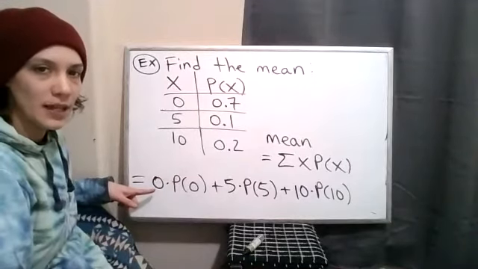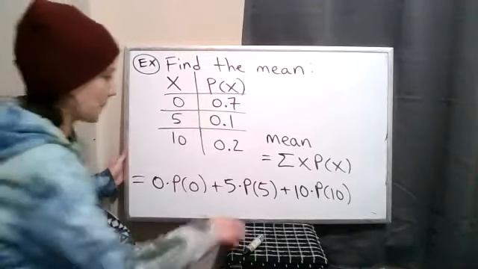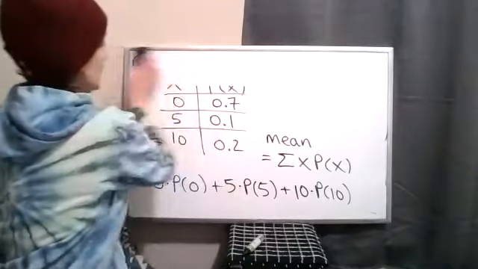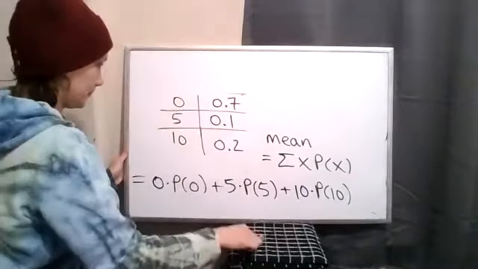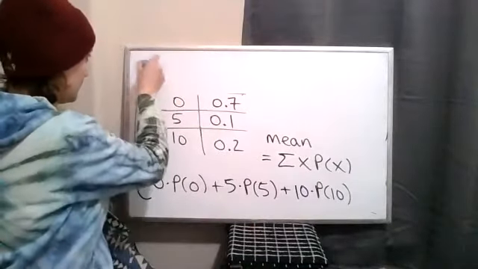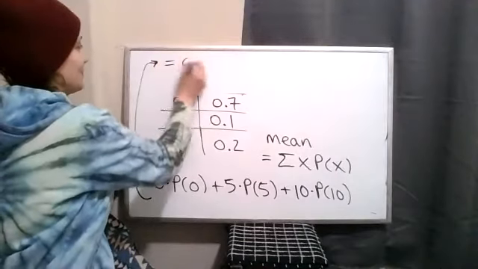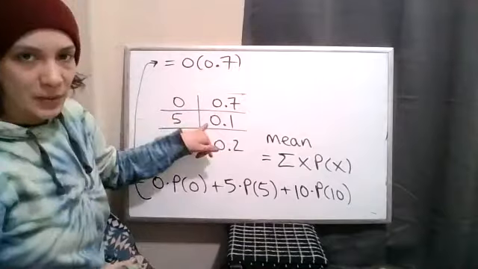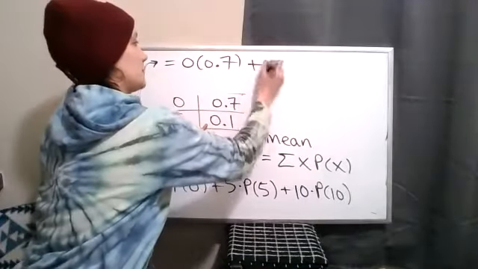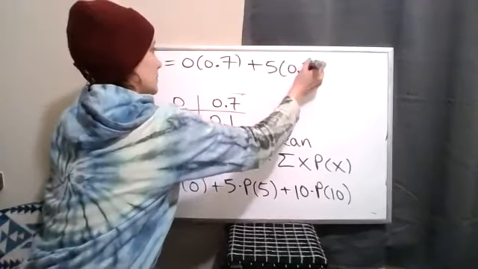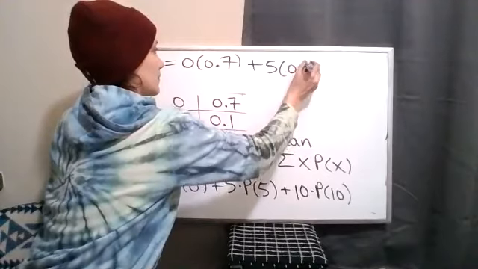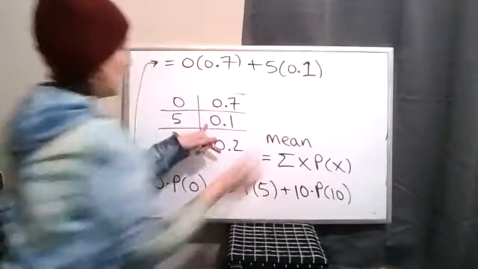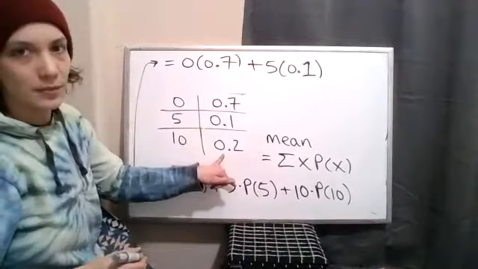0 times 0.7. Plus 5 times 0.1. And add 10 times 0.2.